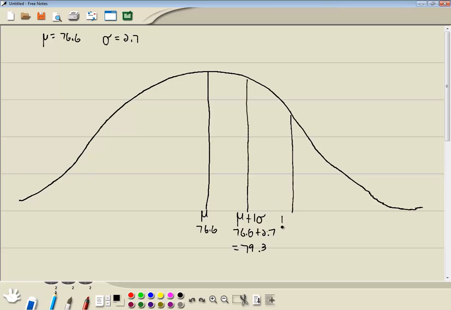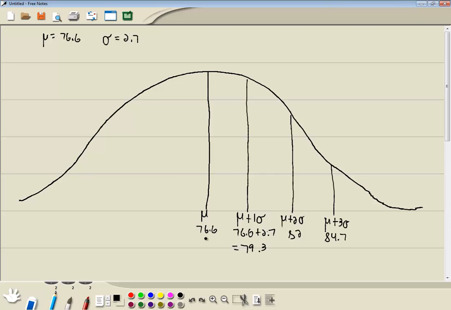Then this next one will be mean plus 2 standard deviations, and we'll add another 2.7 to this. So 2.7 plus this gives us 82. Double check that. 82. And then we got our last one, which is your mean plus 3 standard deviations. So we take the 82 and add 2.7, which is 84.7.